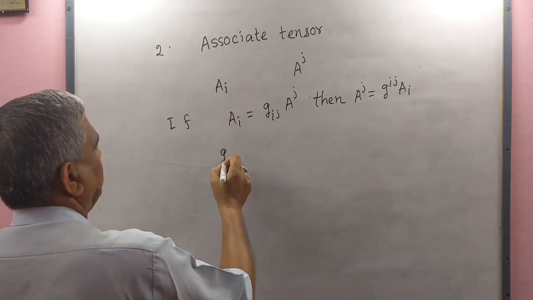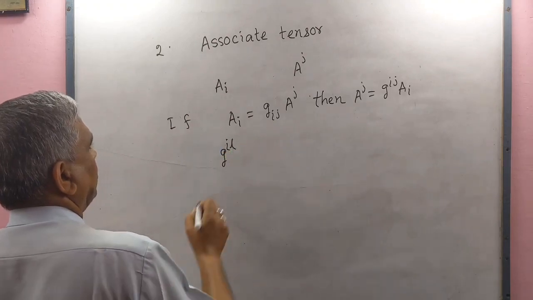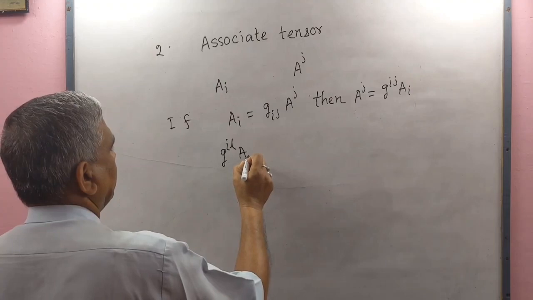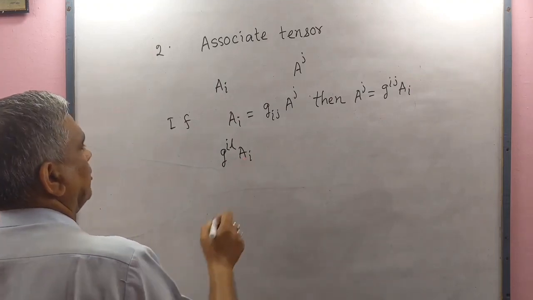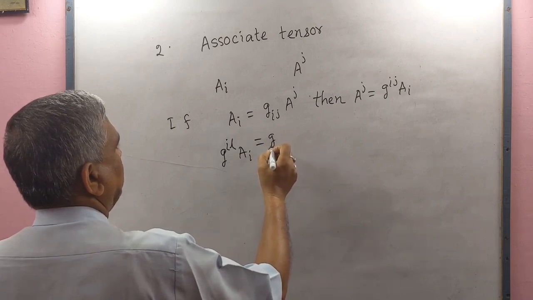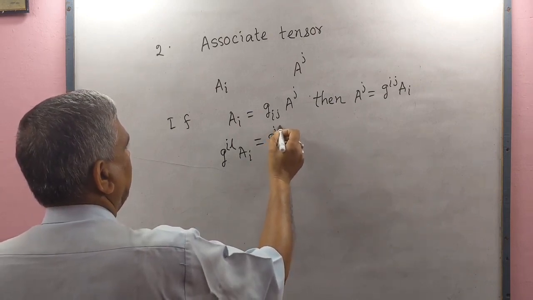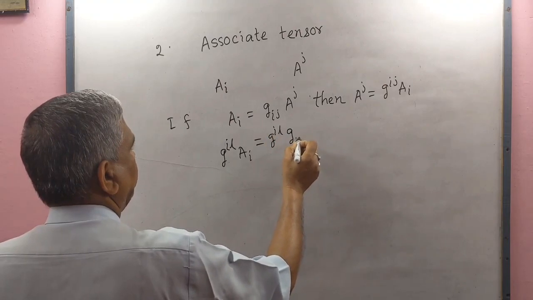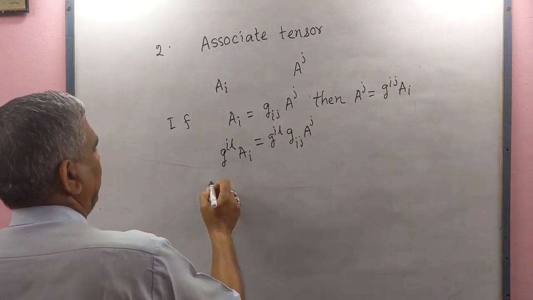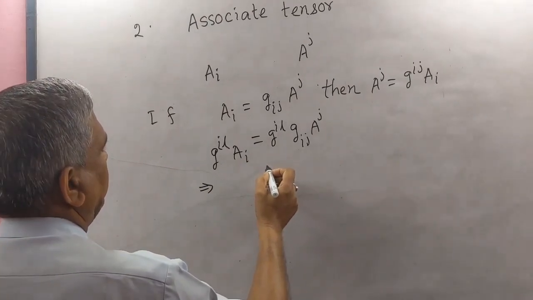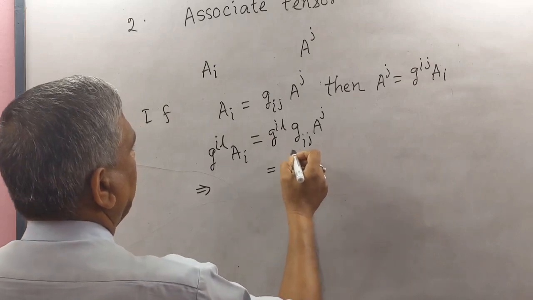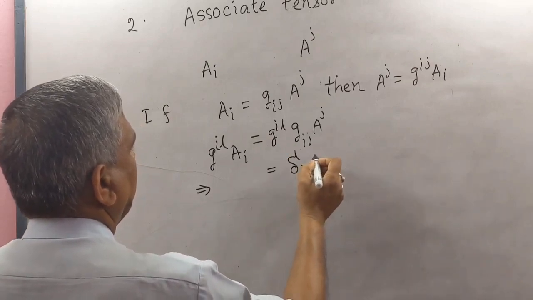Taking product with Gil on both sides, this equal to Gil Gij Aj, which implies that this will be delta lj Aj.